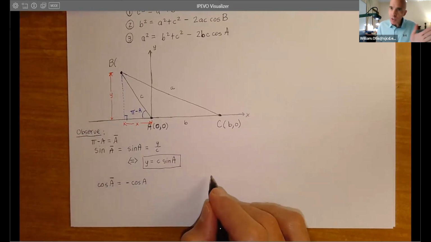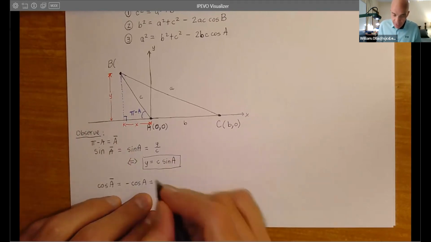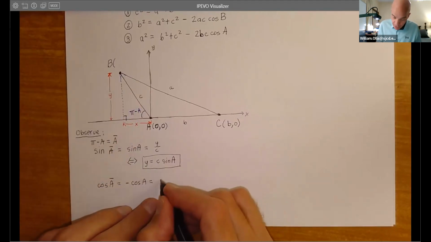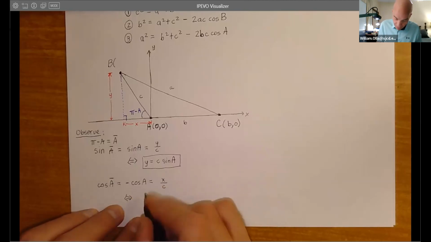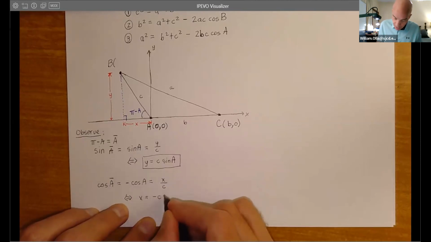But it's the same thing. We're just moving the negative as we would have to do if we were doing it in the opposite direction. And this will be adjacent over hypotenuse. So this is x over c, so if and only if x equals the additive inverse of c times cosine of A.